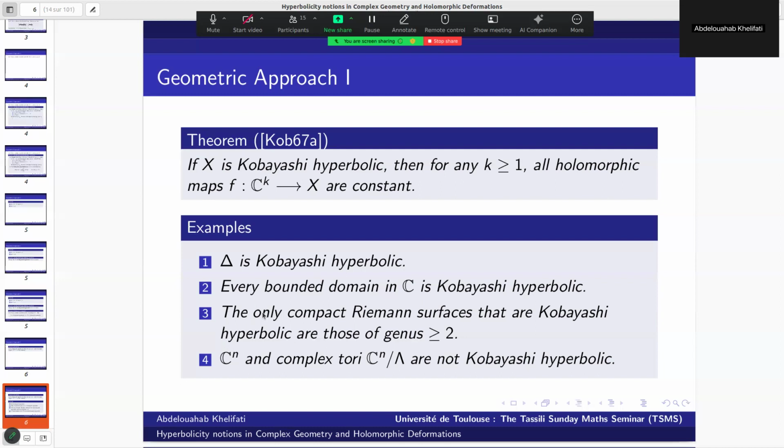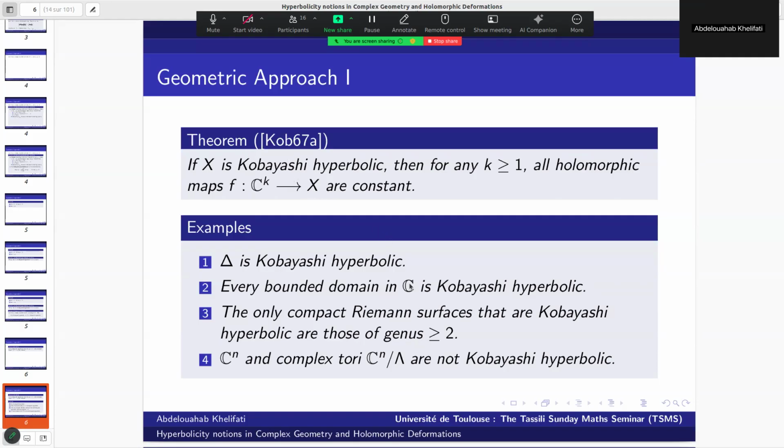And C is obviously not Kobayashi hyperbolic. As we said, the pseudo distance is identically zero. The projective space is also not Kobayashi hyperbolic, since we can find, for instance, the natural inclusions that are holomorphic, which contradicts the theorem I just mentioned.